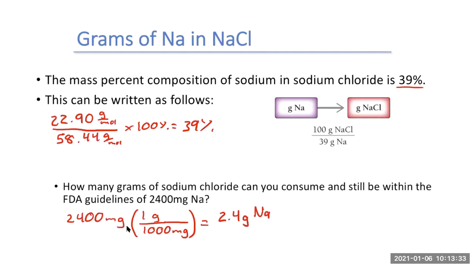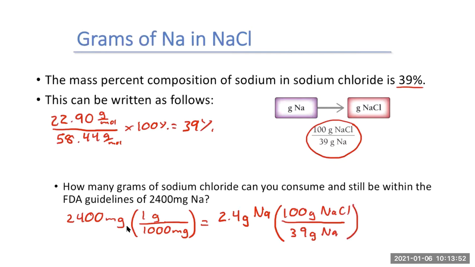Now I'm going to take that 2.4 grams of sodium and use my conversion factor to convert it to grams of sodium chloride. For every 100 grams of sodium chloride, 39 grams of the mass is sodium. This is how we can use our mass percent as a conversion factor to figure out how much of a different element we have, or in this case, how much sodium chloride we can eat.